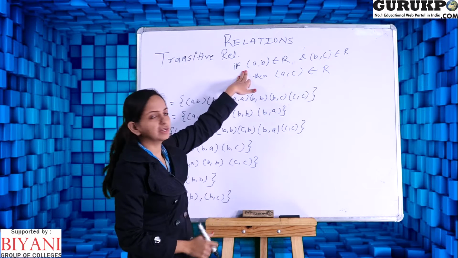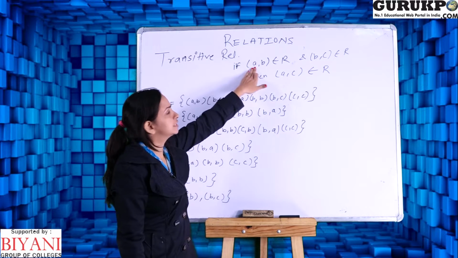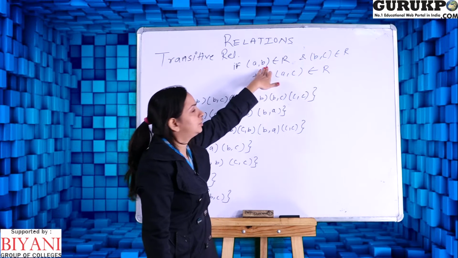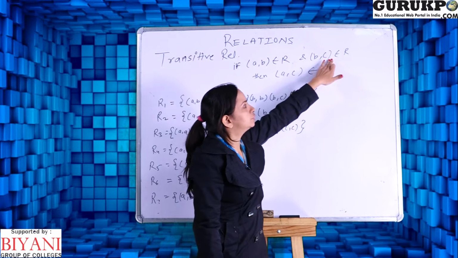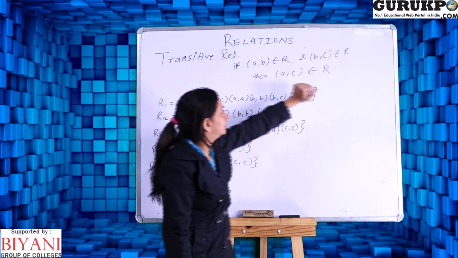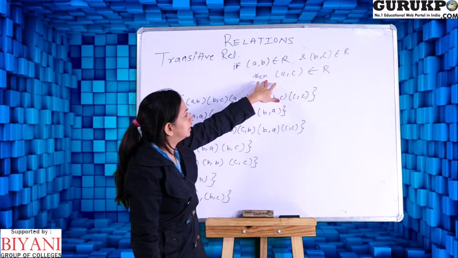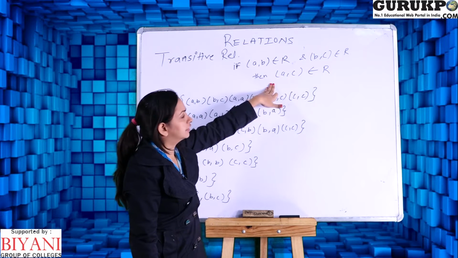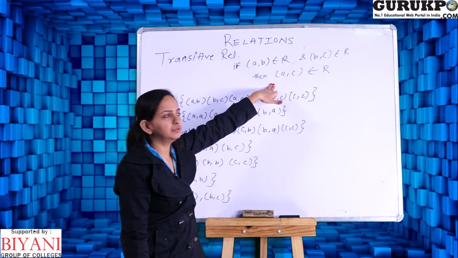What is the condition of transitive relation? If two elements A and B are in the relationship set, A relates to B and B relates to C with the same condition given in the relation question, then you have to check that (A, C) must belong to R. So this condition satisfies the transitive relation.